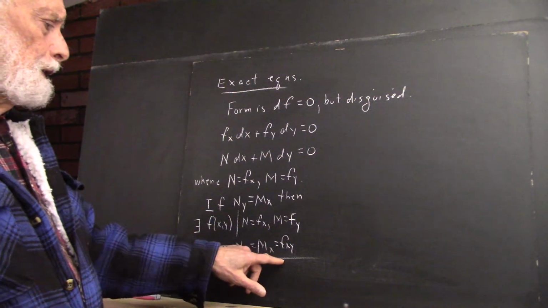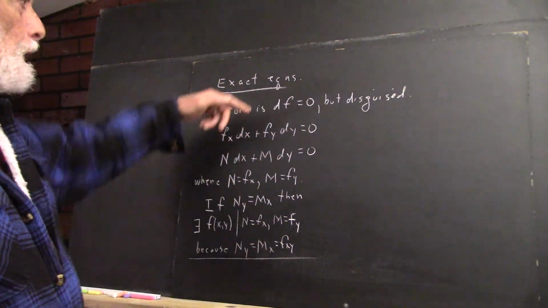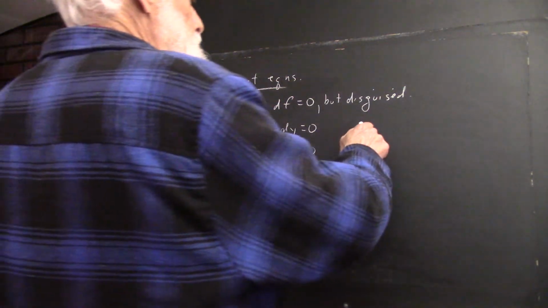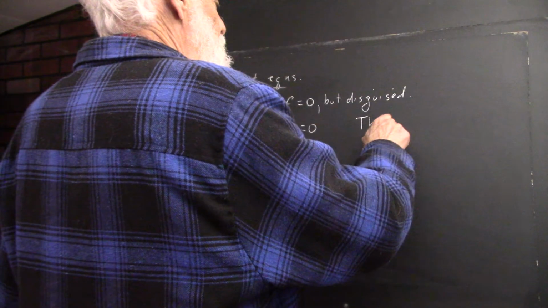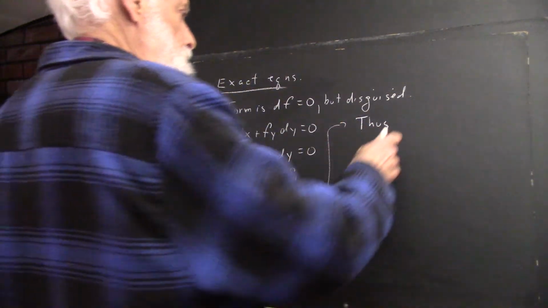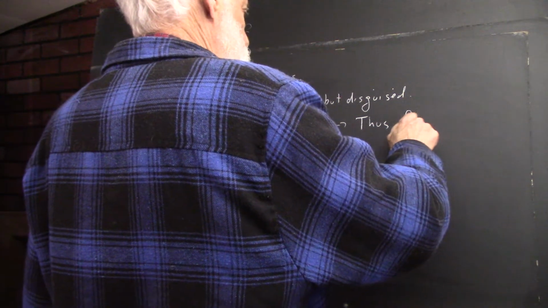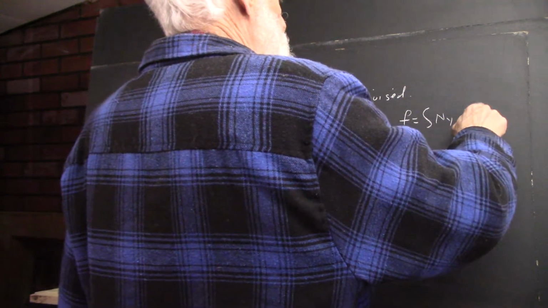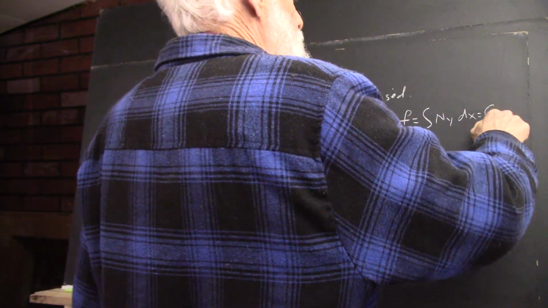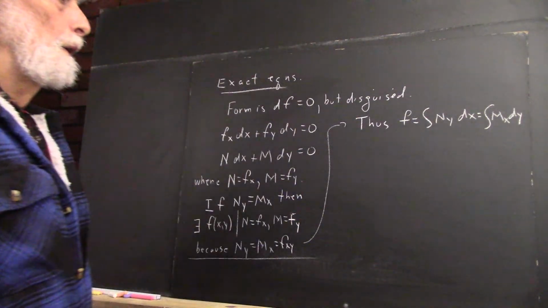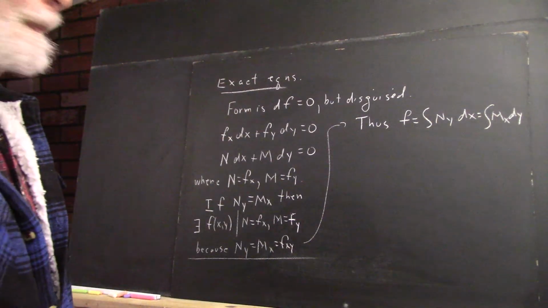And now the task is to recover your form f. So I can say, thus, f is the integral of ny with respect to x, which is equal to the integral of mx with respect to y.